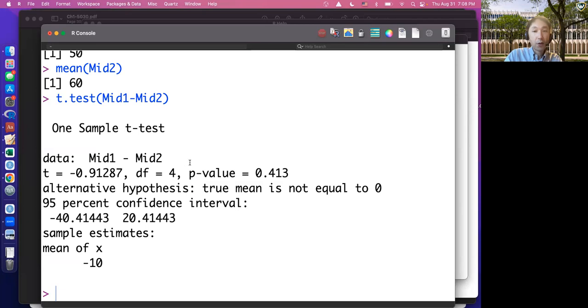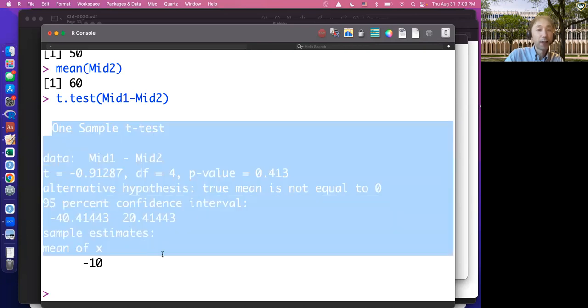In this case, there is no evidence that the midterm 1 score is significantly different from the midterm 2 score. Usually it's hard to get a significant result with 5 observations. We will cover this again later, but I just want to explain that some functions have multiple outputs.